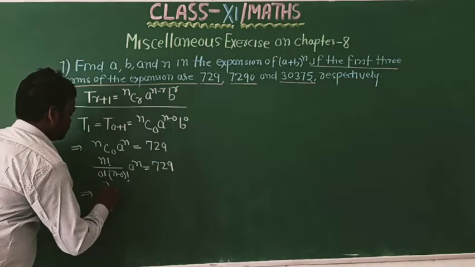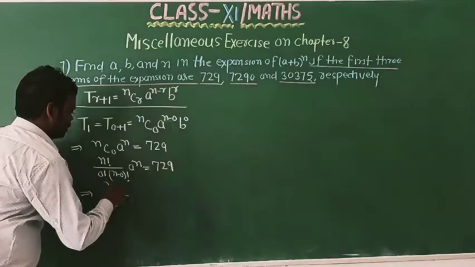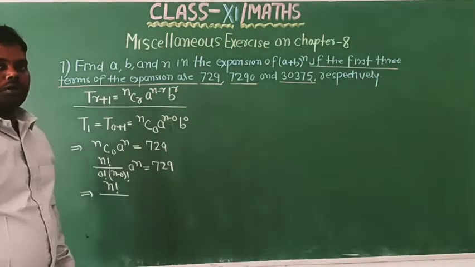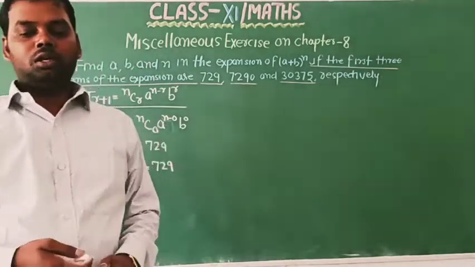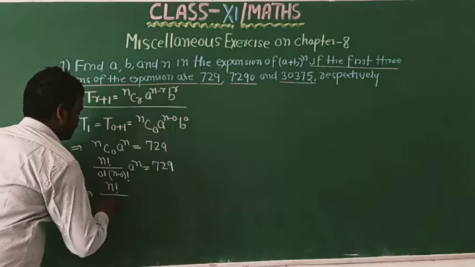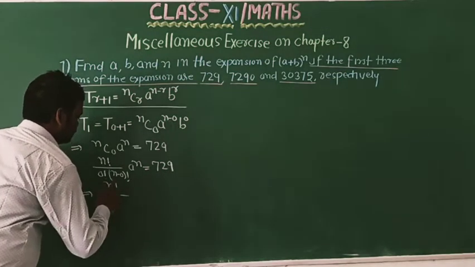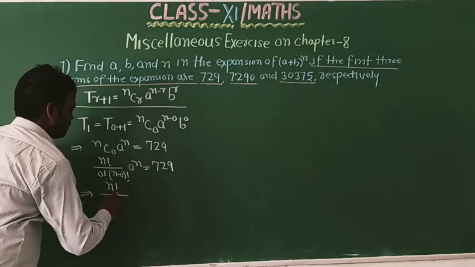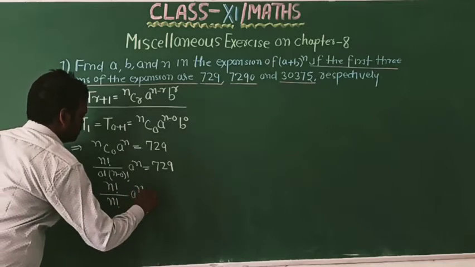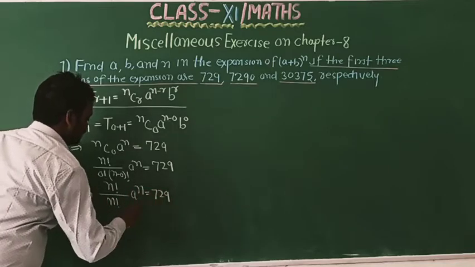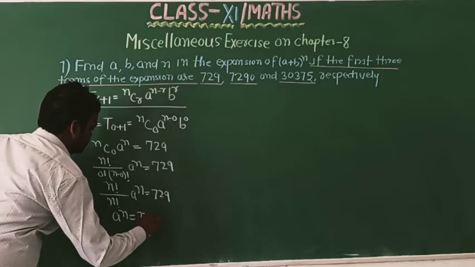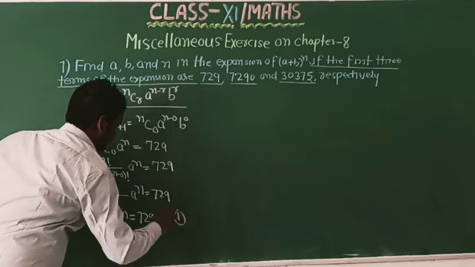This implies factorial n upon, the value of 0 factorial is equal to 1, and n minus 0 factorial is n factorial, a to the power n equal to 729. This implies a to the power n equal to 729. Say this is equation number 1.